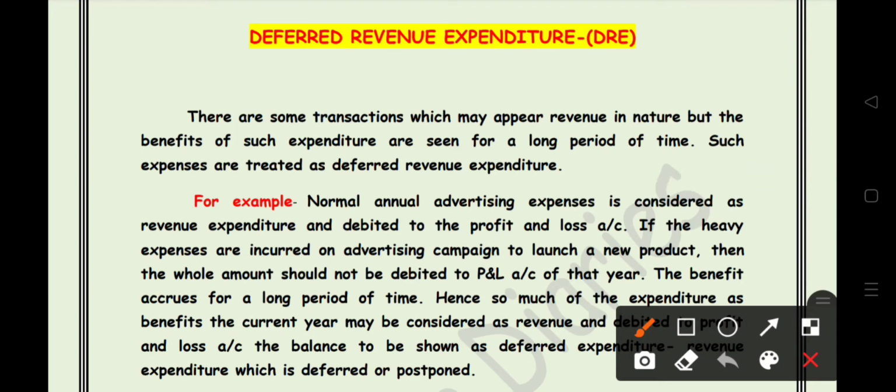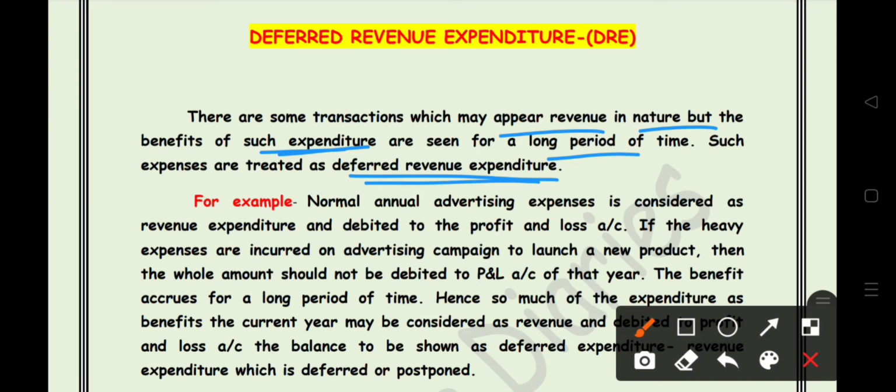There are some transactions which may appear revenue in nature, but the benefit of such expenditure is seen for a longer period of time. Such expenditures are treated as deferred revenue expenditure. Means there are some kinds of expenditure which we can treat as revenue expenditure, but the benefit of those expenditures will last long into the working of our business.